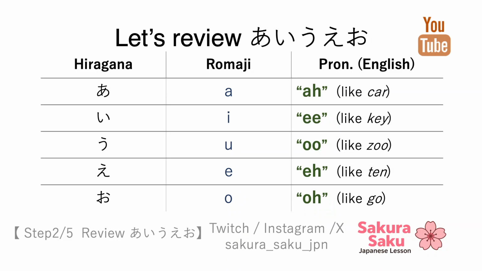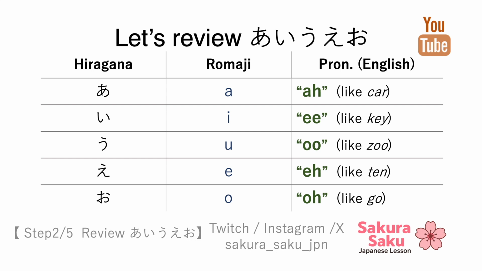Before we learn kakikukeko, let's quickly review the Japanese vowels a, i, u, e, o. These are the 5 basic vowel sounds in Japanese, and they are very important to know before moving on to kakikukeko. Each of these letters uses the vowels you already know.